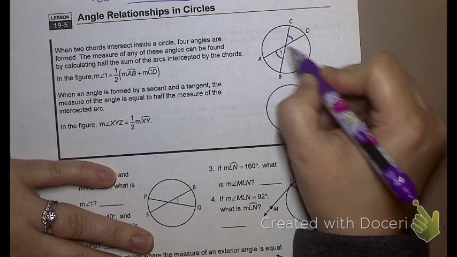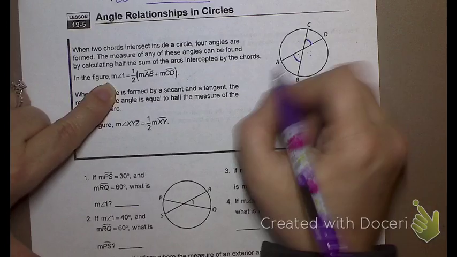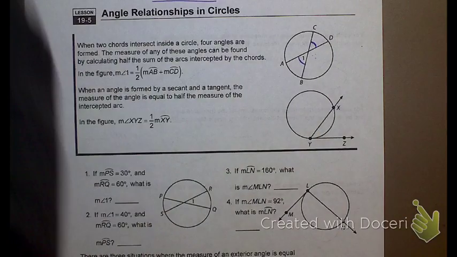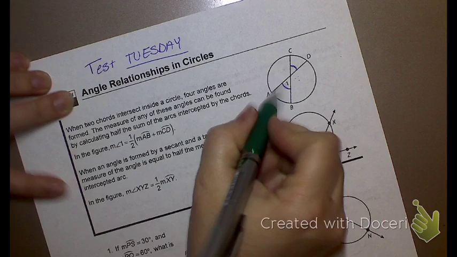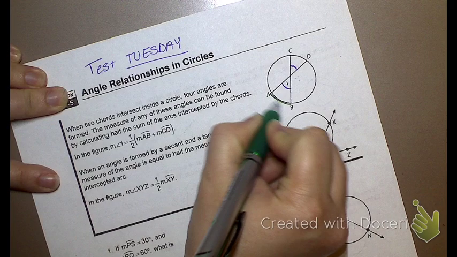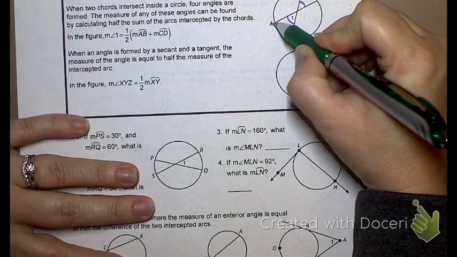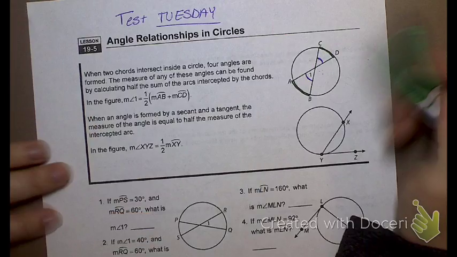Now, the way you find the angle is, it is 1/2 of the 2 arcs that are made from it. So, I have arc AB. Would you say that corresponds with angle 1? Okay. The other arc we're going to say that corresponds with angle 1 is this guy right here, because it's the arc that goes along with the other angle that's the same measure.